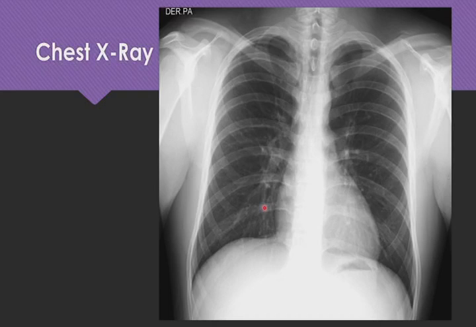As part of the diagnostic approach in this patient, a chest X-ray was performed. In this posterior anterior view of the chest, when we evaluate the soft tissues, there is no abnormality. But when we examine more carefully the bone structures, we can identify these small inferior rib notches.